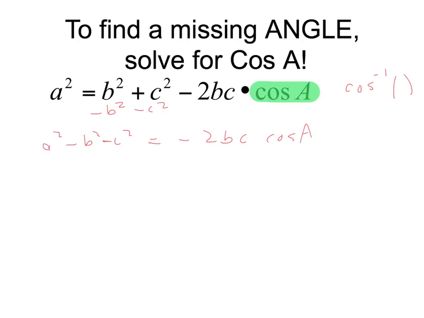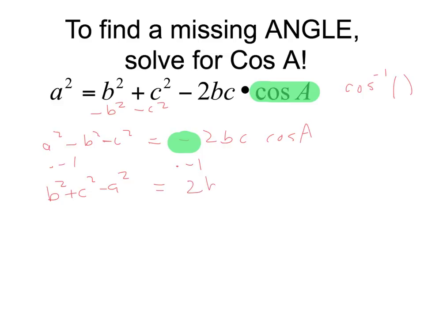Also, something else we do want to take care of is this negative sign. And to do that, we can multiply by negative 1 on both sides, and the effect that will have is to change the signs on everything we have, like so. I just happened to write the ones I knew would be positive first.